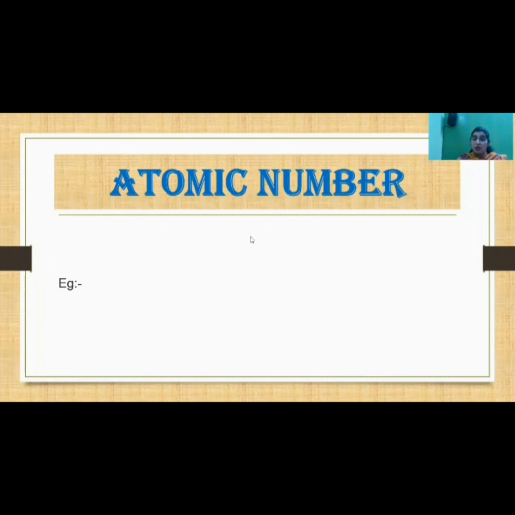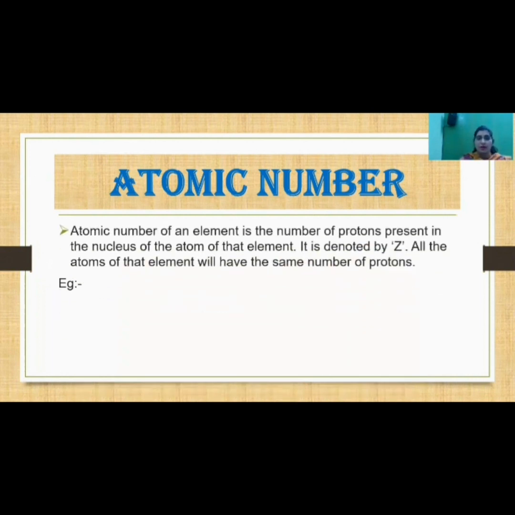Now let us discuss the atomic number. Atomic number is basically defined as the number of protons present in the nucleus of an atom. So we can say that the atomic number of an element is the number of protons present in the nucleus of an atom of that element, and it is denoted by capital Z. All the atoms of an element will have the same number of protons.